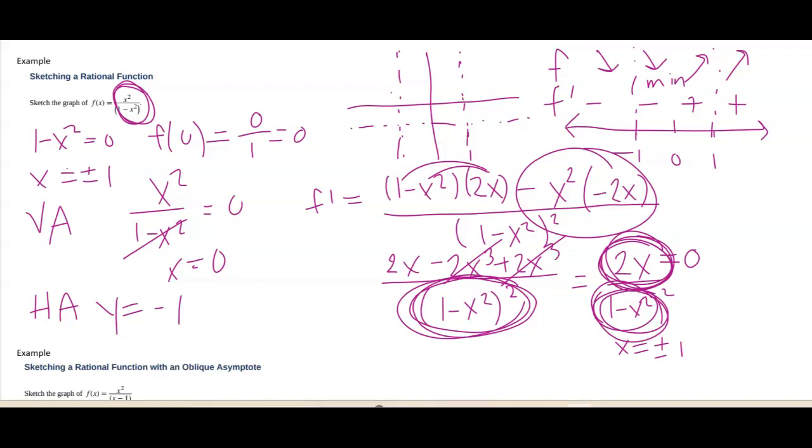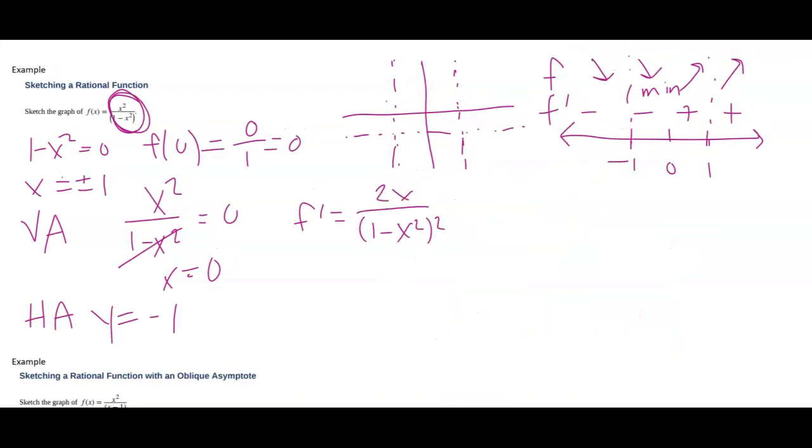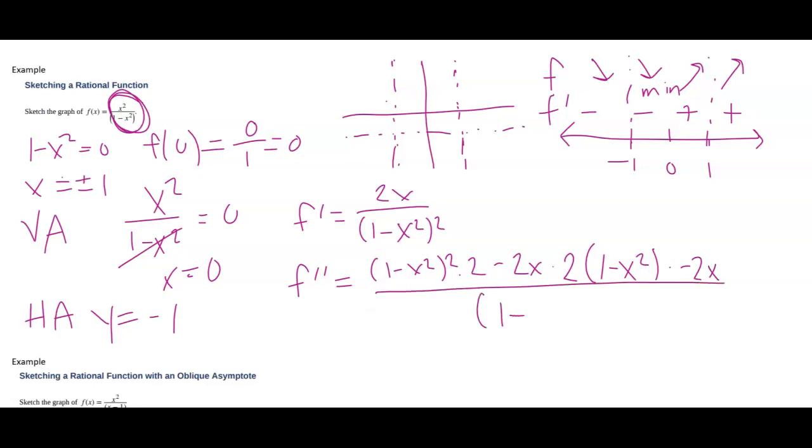Okay, I'm going to clear this area to give us room to find f double prime. All right, so f double prime is again going to be low d high minus high d low. All right, I have to do some chain rule here. So 2 times 1 minus x squared to the power of 1, and then times negative 2x for the derivative of the inside, all over low squared. So that's going to be to the 4th power.